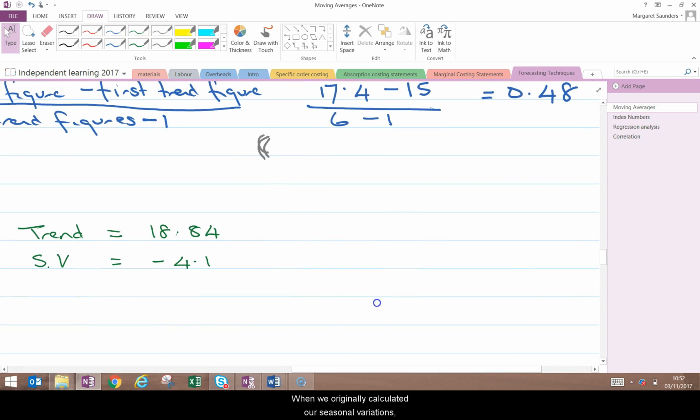And when we originally calculated our seasonal variations, we did actual minus trend. What we're now trying to find out is what we expect the actual sales to be for Monday. So if we were to rearrange this, actual is equal to the seasonal variation plus the trend.